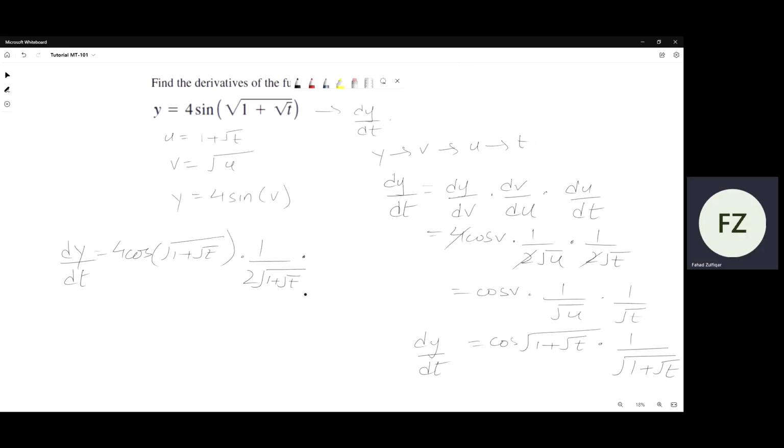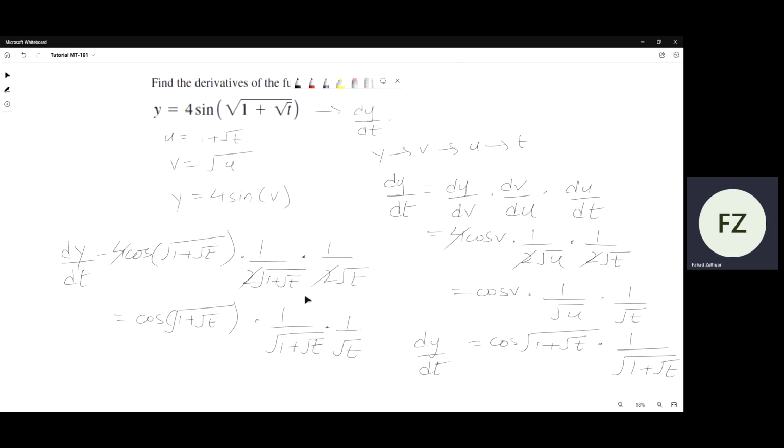So that turns out to be 1 by 2 under root t. The 2 cancels out with 4, and we're left with cos of under root of 1 plus under root t, dot 1 by under root of 1 plus under root t, dot 1 divided by under root t.